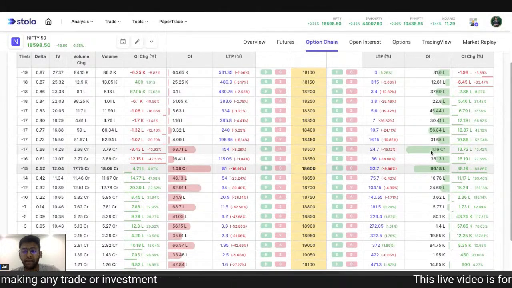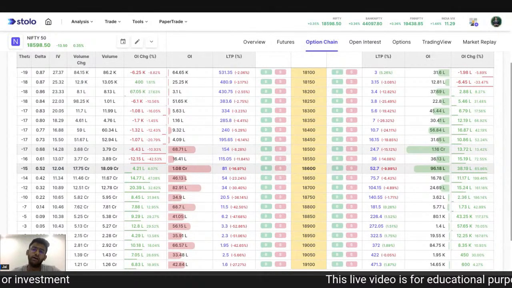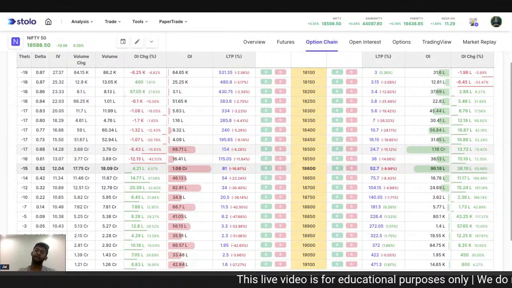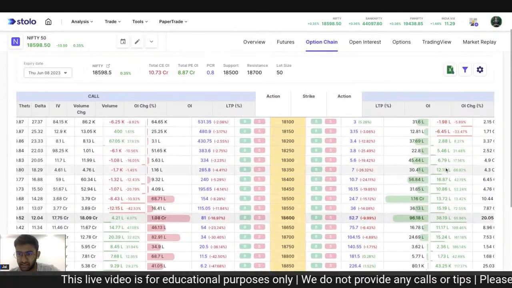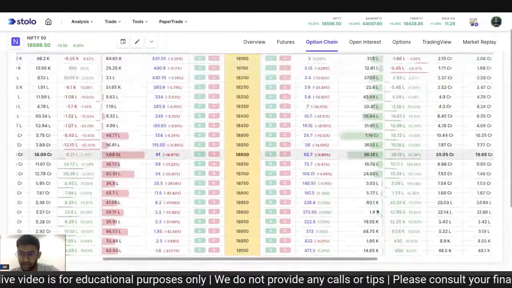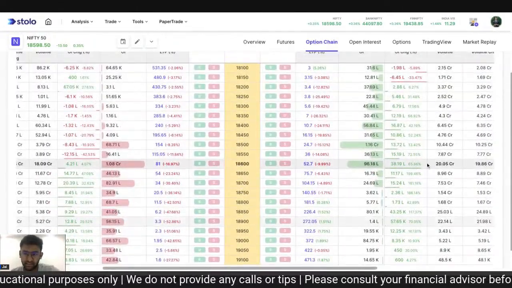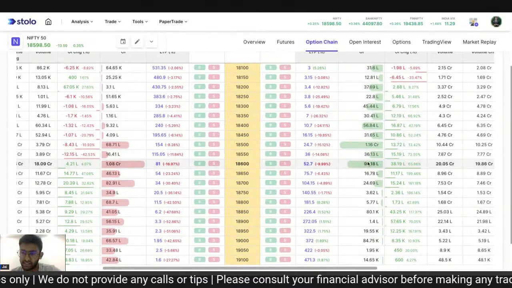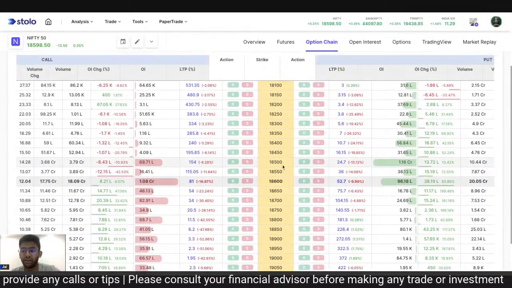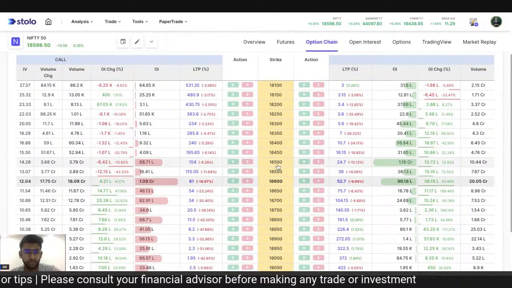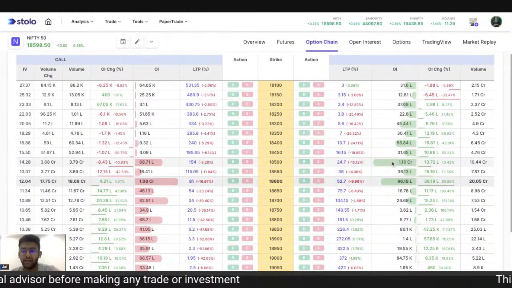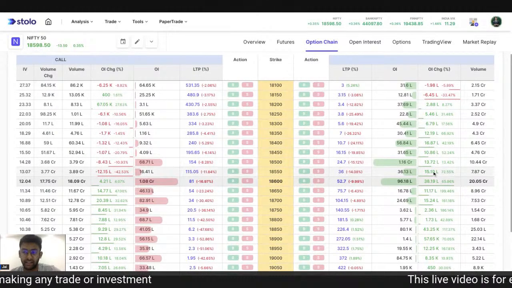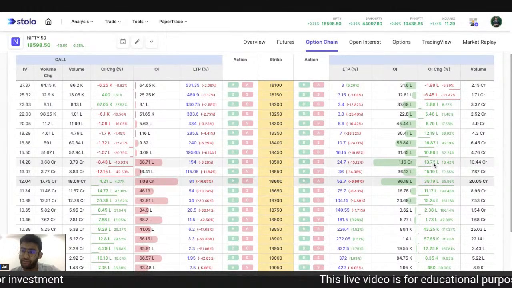Which is again making it stronger, the support zone where people are betting that the market would stay above this particular level, because we are seeing this on the OI side itself, right? We're seeing this sell addition on the OI side. So 18,500 is one reason why we are looking at it to be very strong, because of the already ongoing strong OI and again the addition on the same side, right?